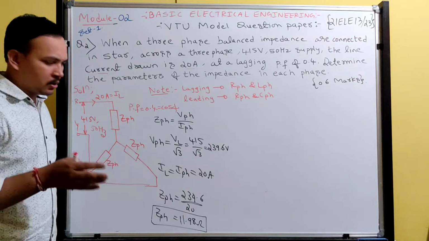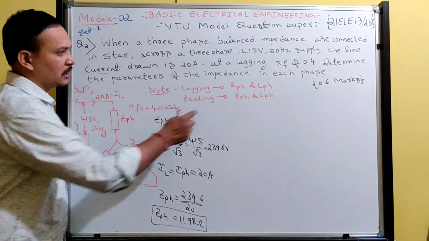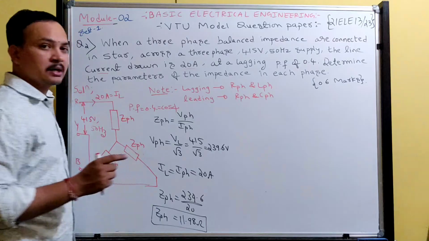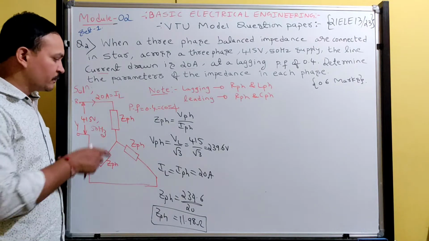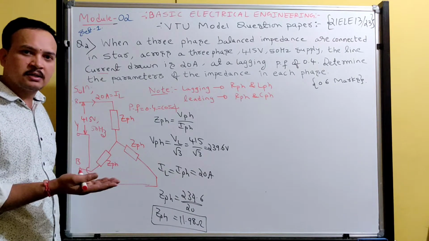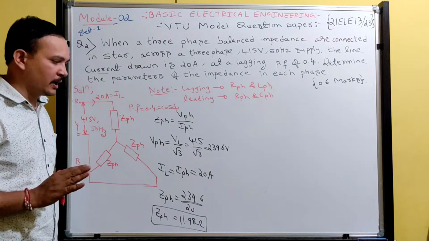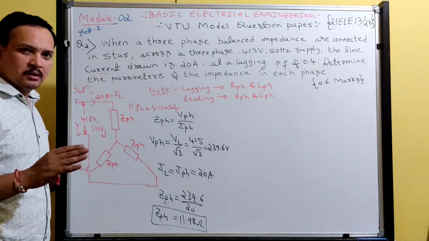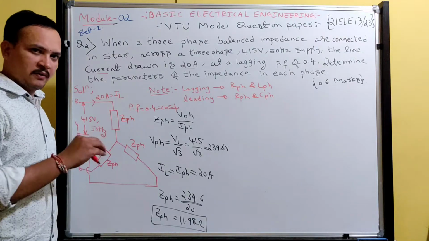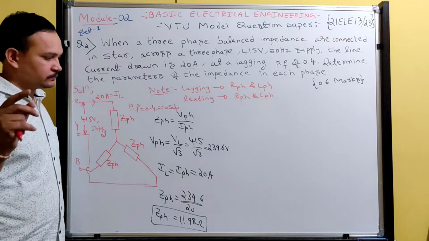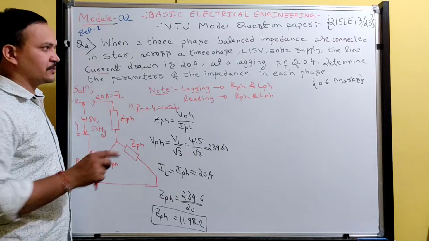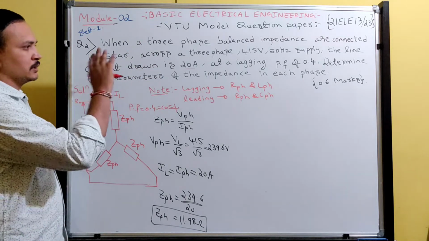See, we don't know whether the components, resistance per phase and inductance per phase, are connected in series or in parallel. Anything can happen. That data is not given. If they give it, that is a different method. So watch the regular videos, where I solved different types of problems on these concepts.